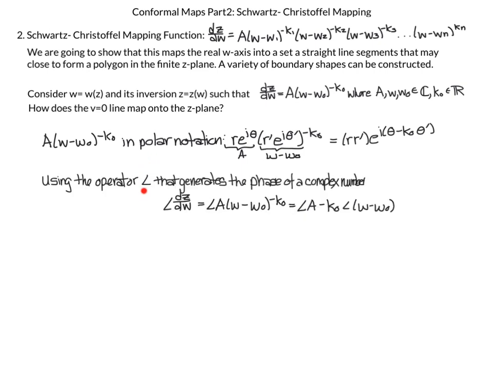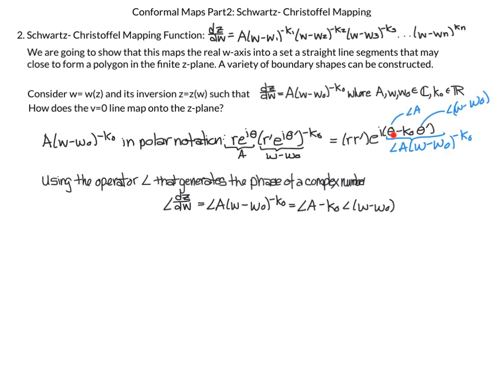We are going to use this bracket to denote the phase operator that generates the phase of a complex number. So looking at the equation, the little piece of our Schwarz-Christoffel mapping, the phase of dz/dw is equal to the phase of A times w minus w naught raised to the minus k naught. And that phase is equal to the phase of A, that's our theta, minus k naught times theta prime. And remember, theta prime is the angle, or the phase, of w minus w naught.